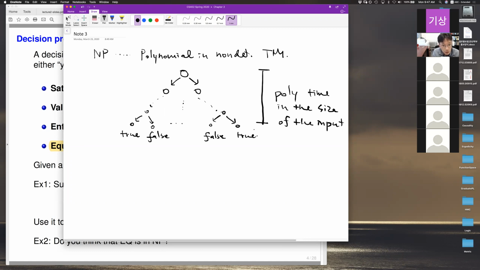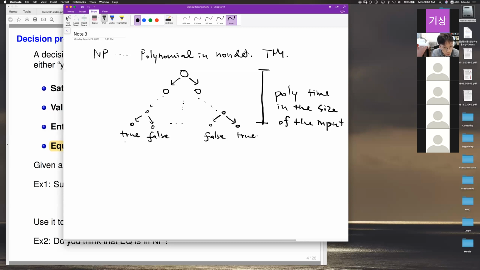Now, for NP, this final post-processing is fixed. We can't really change it. What the post-processing does is look at all these possible outcomes, and if true appears at least once, then the final output is true.